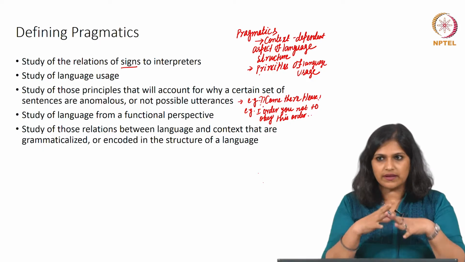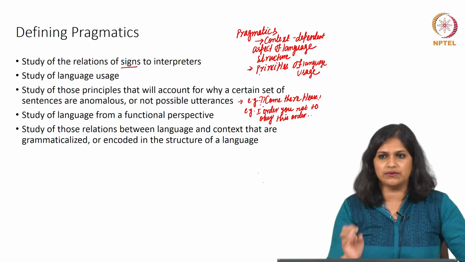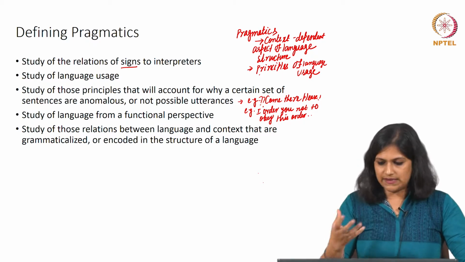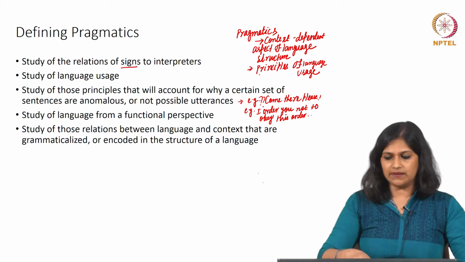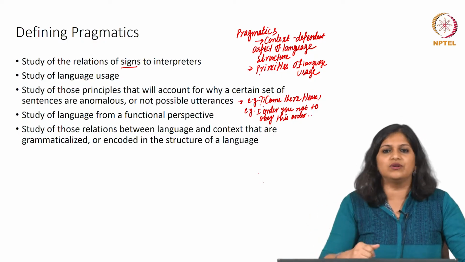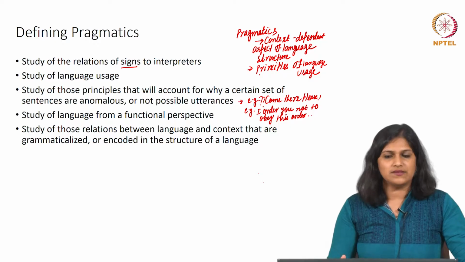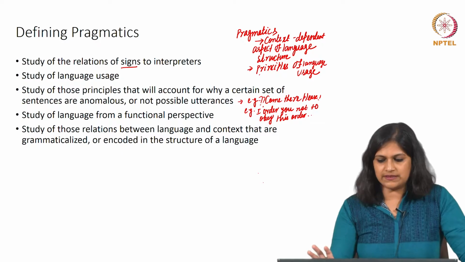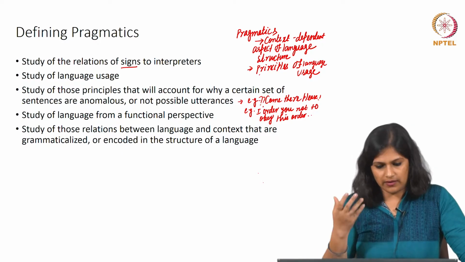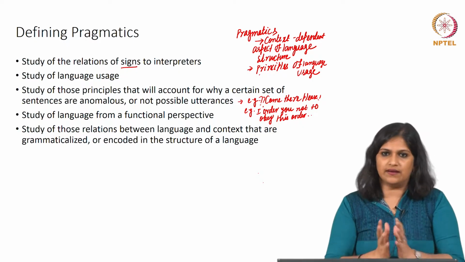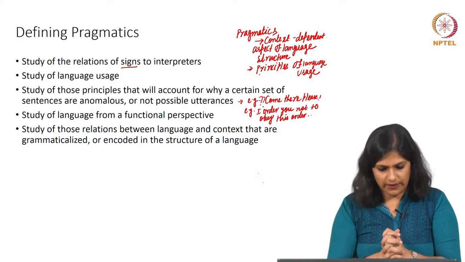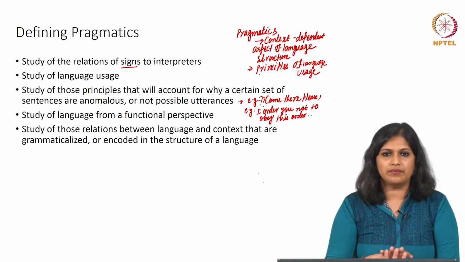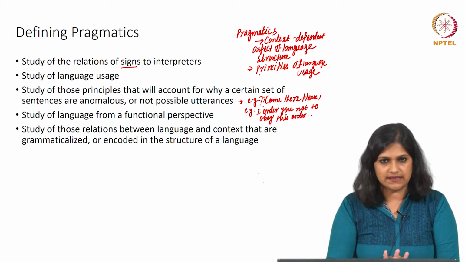You are not able to conceptualize or find any meaning of this sentence, because how would it be possible? You are ordering something and you are saying not to obey your order. So, then why are you ordering, right? So, these are a couple of examples I could bring as far as the anomaly of a sentence is concerned in the domain of pragmatics. When I say the sentences are anomalous, that means these utterances are not possible in this kind of linguistic discourse, right.